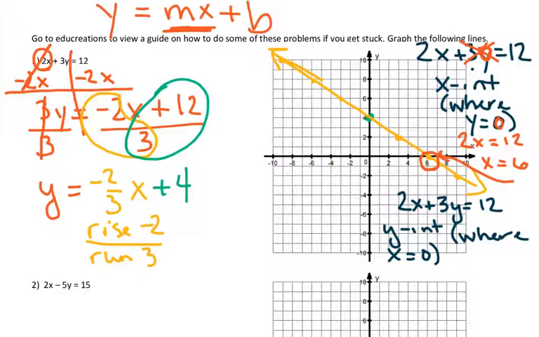So if I take the x value and plug 0 in for it, that's 2 times 0, which cancels out, and I'm left with 3y equals 12. If I solve that for y, I get y equals 4, and looking at the graph right here, the y value was 4 when x was 0.